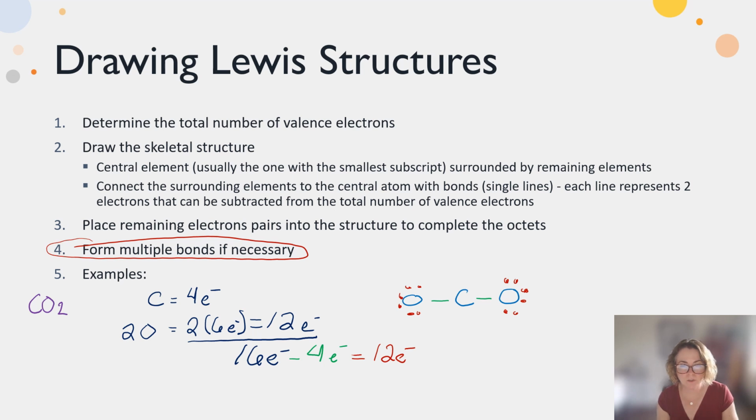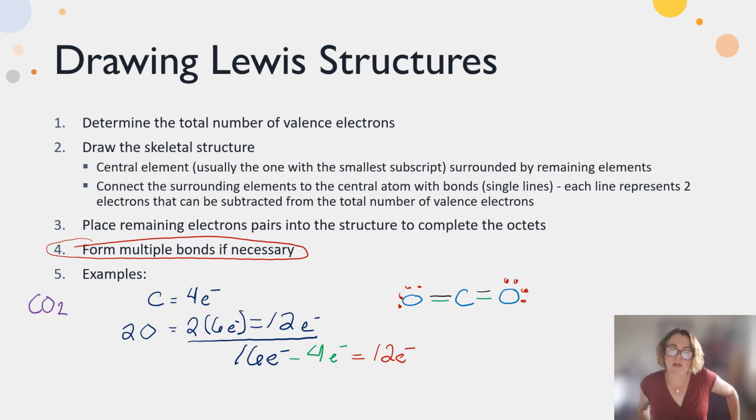To form multiple bonds, I am going to take a pair of electrons from my oxygen and move it to create a double bond. I'm going to do the exact same thing on the other side. I'm going to move a pair of electrons to form a double bond.